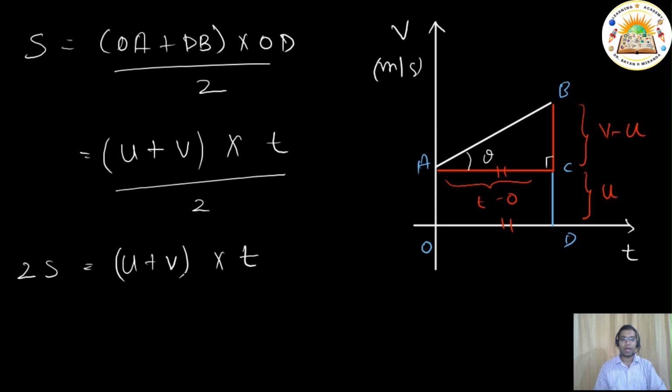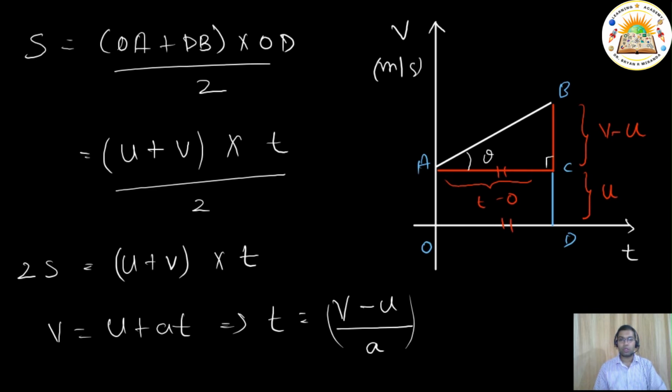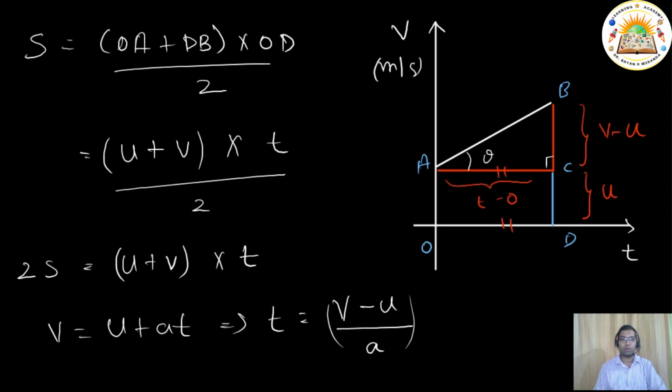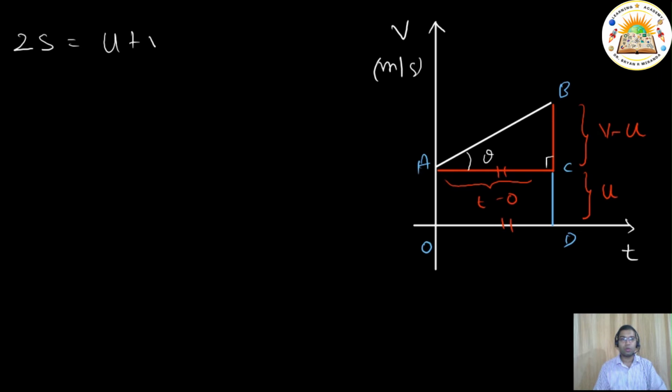Now we don't have any formula for U plus V, but from the first equation, that is V is equal to U plus AT, I can write time as nothing but (V minus U) by A. So we can substitute this here, and we can write 2S is equal to (U plus V) into (V minus U) by A. Now V plus U or U plus V is one and the same.